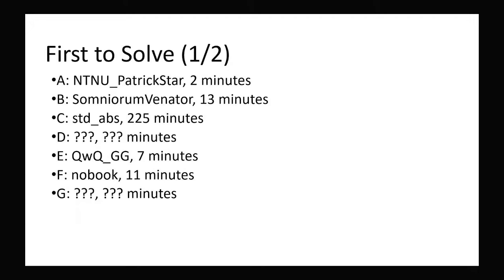Here are the first to solve for each problem. Problem A was first solved by NTNU Patrick Starr at the 2-minute mark, B by Somnium Venator at 30 minutes, and C by STD-ABS at 225 minutes. D hasn't been solved before the scoreboard was frozen. For problem E, QWQGG solved it in 7 minutes, and for F, notebook solved it in 11 minutes. G hasn't been solved before the scoreboard was frozen.